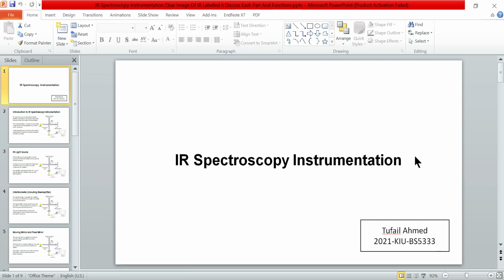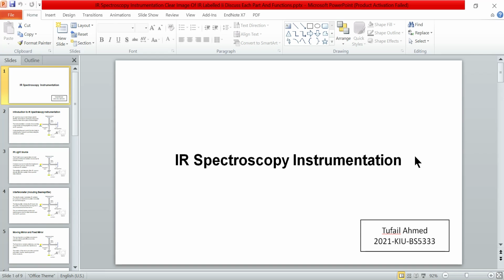And IR is also important. IR means infrared spectroscopy. What is infrared spectroscopy? Infrared spectroscopy is a powerful analytical technique used to identify and study chemicals, particularly organic compounds, by analyzing how molecules absorb infrared light.